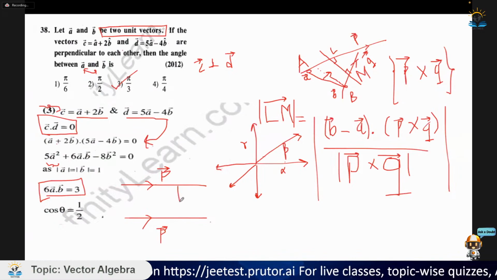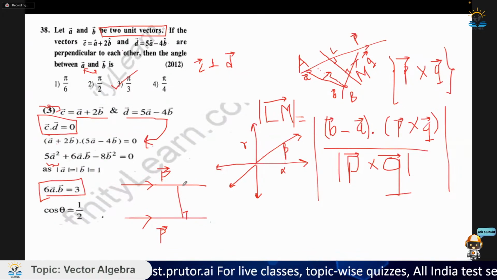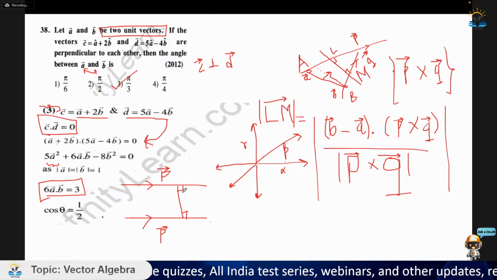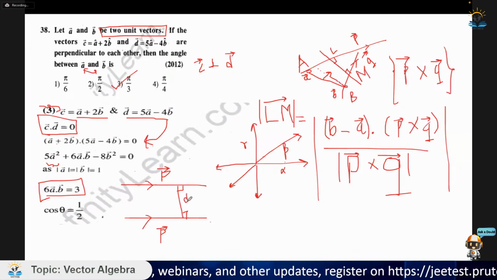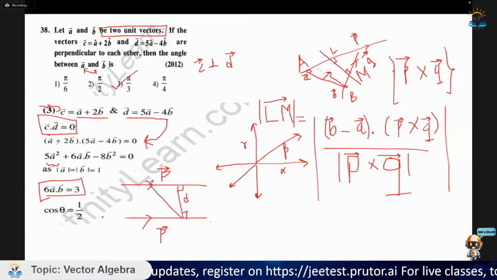And we have to find the distance between these. So we have, let's say this distance is d. How will we calculate d? So again, we need to know any 2 points.